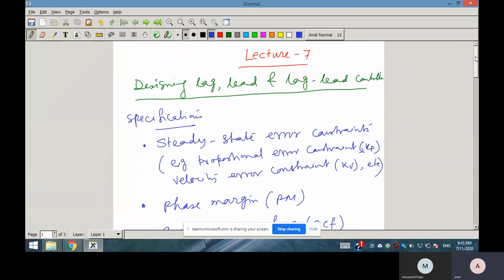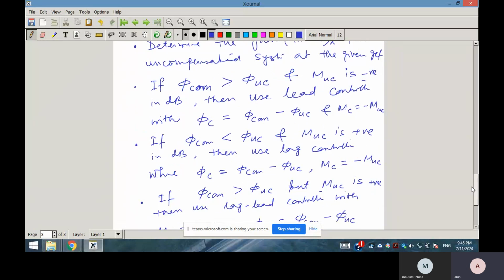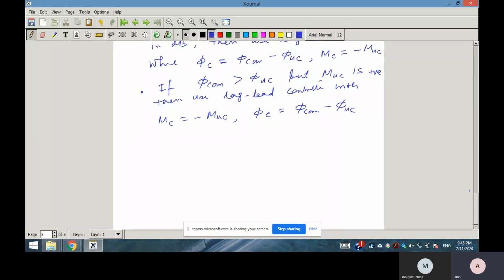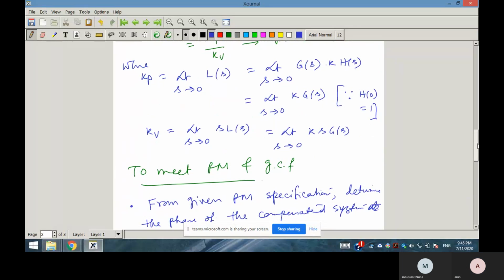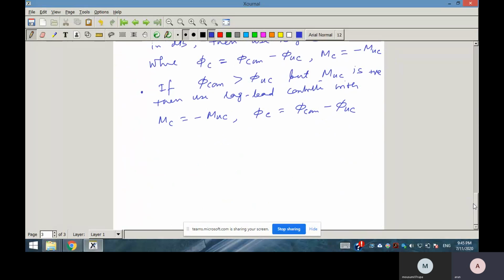This lag-lead controller design for a given plant is not so easy a job, so you have to understand the problem properly. Now one comment you have to write, that is one note.